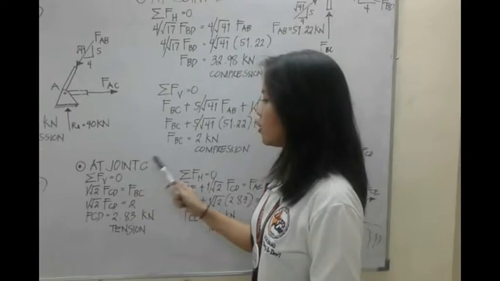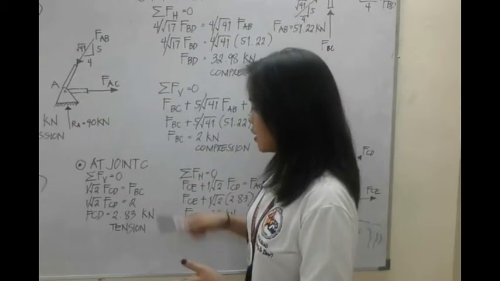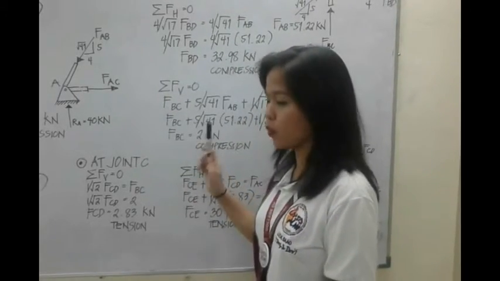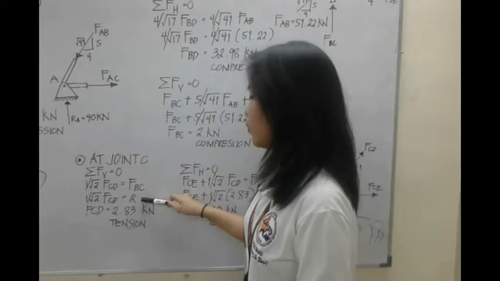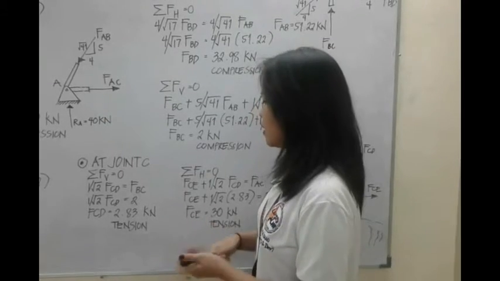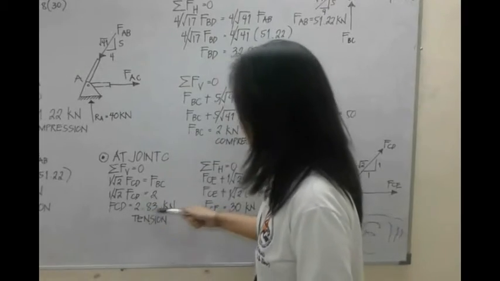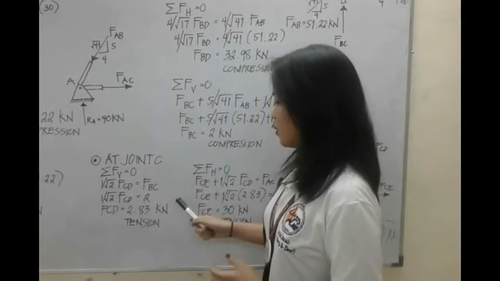So 1 over square root of 2 times FCD equals FBC. Since FBC is already obtained in the previous equations, we will just substitute its value to our equation, which is 1 over square root of 2 times FCD equals 2. So we will have the answer of FCD 2.83 kilonewtons tension.